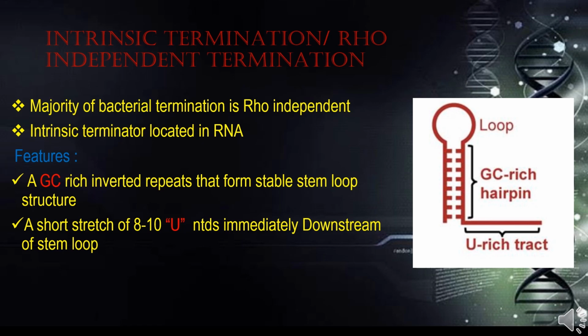That is, the termination signal comes within the RNA itself. The RNA must contain a GC-rich inverted repeat that forms a stable stem loop structure, followed by a short stretch of 8 to 10 uridine nucleotides immediately downstream from the stem loop.